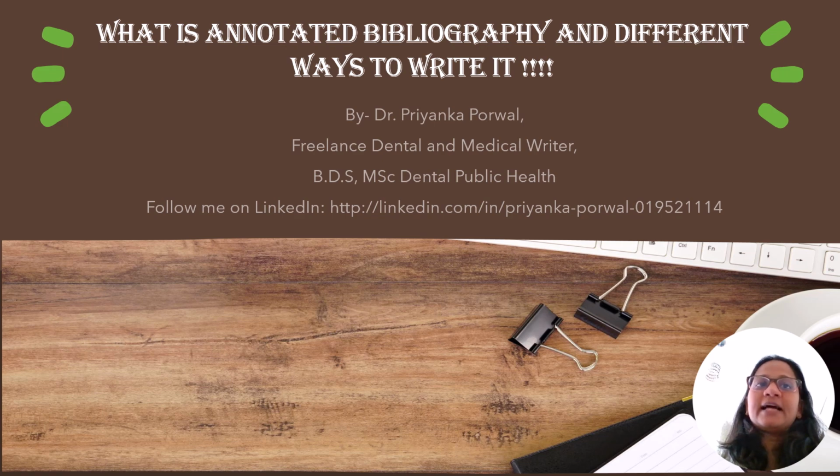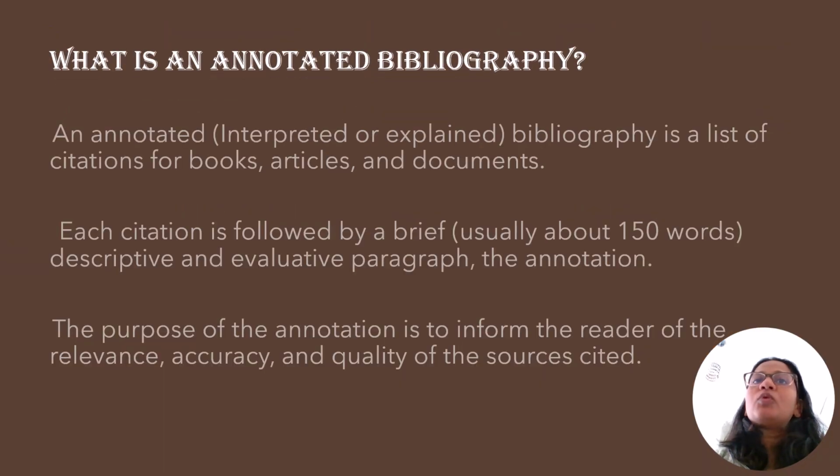Now, let's get started. What is an annotated bibliography? As the word suggests, it is a list of citations, books, or documents which are of interest to your topic or research, and how these works engage you.